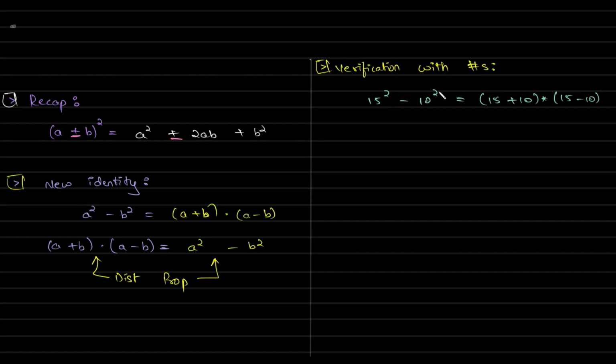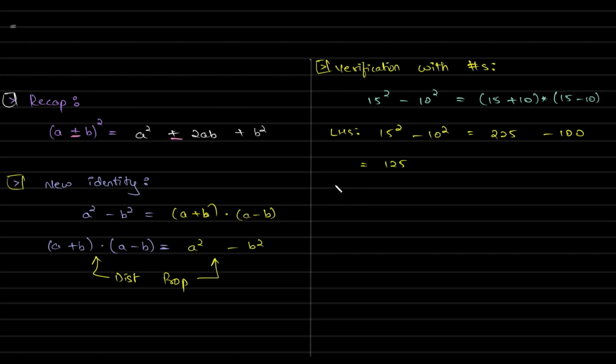Okay, so let's verify this formula with numbers. 15 square minus 10 square is equal to (15 plus 10) into (15 minus 10). So let us take LHS. This is 15 square minus 10 square, which is nothing but 225 minus 100. This is nothing but 125.